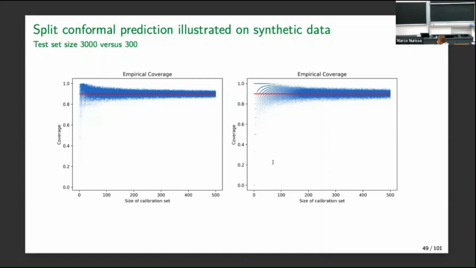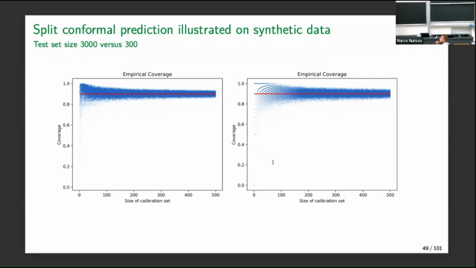What you typically see is that for a fixed validation data set and a fixed test set, we don't always achieve that coverage, but in expectation, we're going to achieve that coverage. You will also see that because the test set is smaller on the right-hand side, the deviation is also bigger.